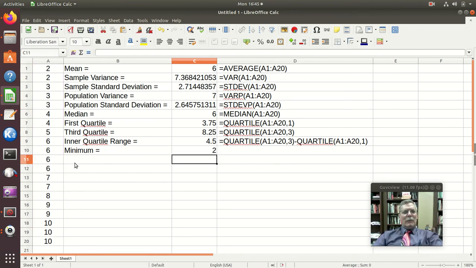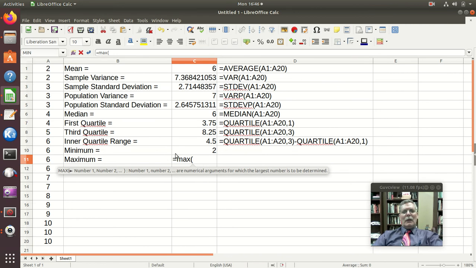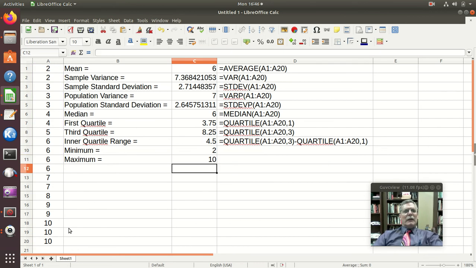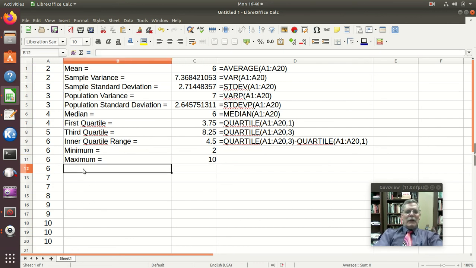And then my maximum, same sort of thing, equals MAX, and all my numbers, and that's 10. And then my range, that's equal to the maximum minus the minimum.